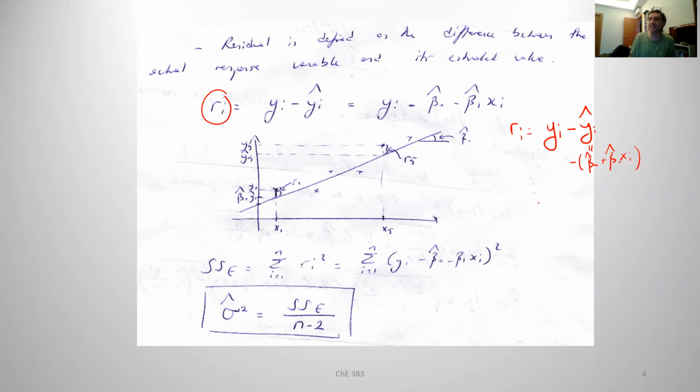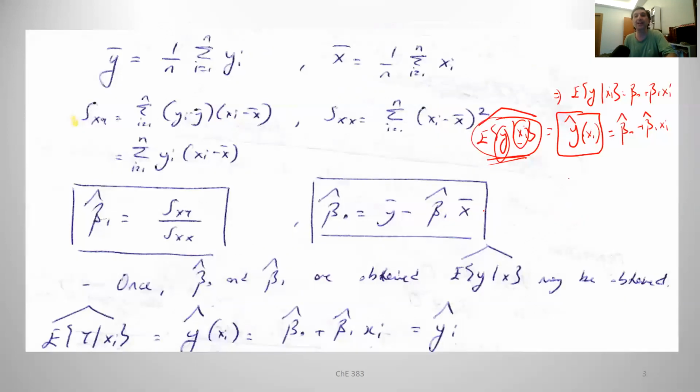At first sight, one may think that this is the error term, but it's not, because in order to obtain the error term, we need the real beta 0 and beta 1 values. We will never know what the error term is going to be, but the residual is going to be its estimate. And here's an interesting point.